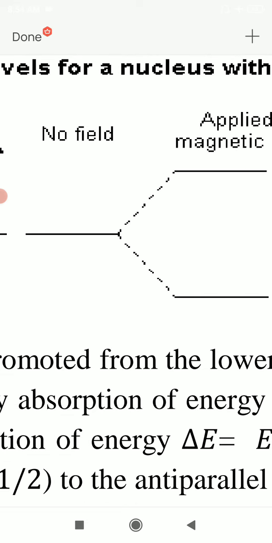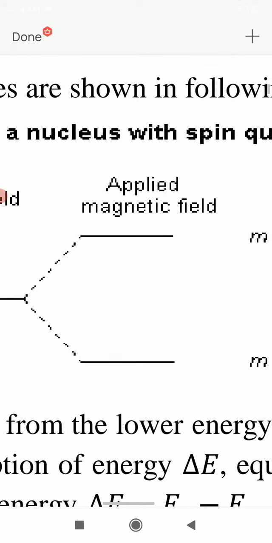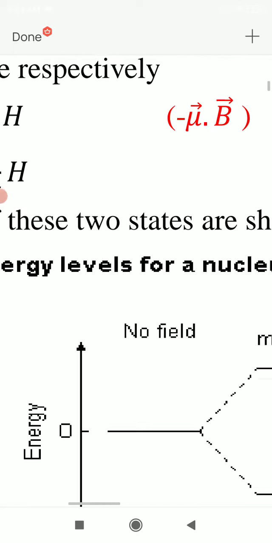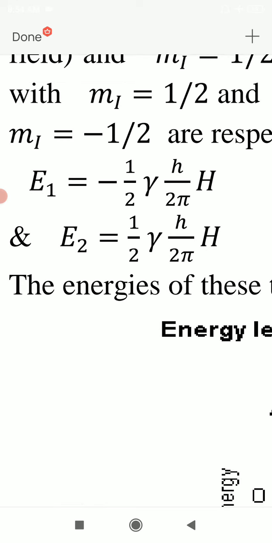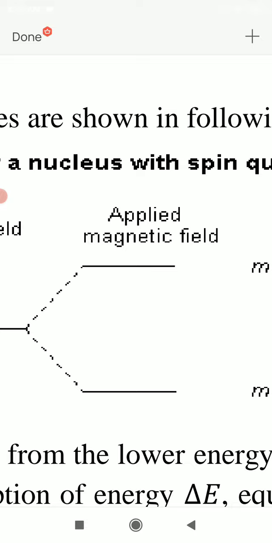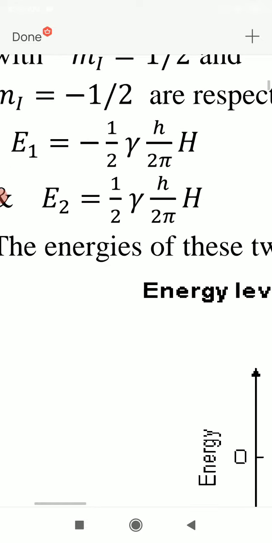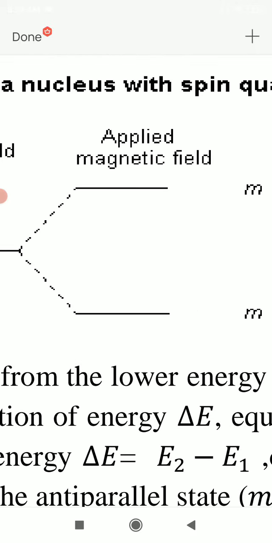So two spin states of nuclei now get separated when this magnetic field H is applied, and energies of these two energy levels are given by this formula, E1 and E2. E2 is positive, so it is the value for upper energy level, and E1 is negative, so it is for lower energy level.